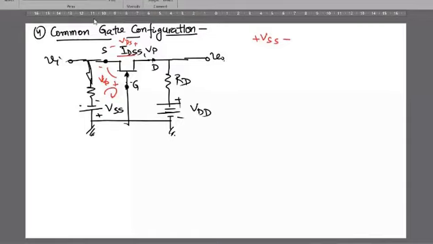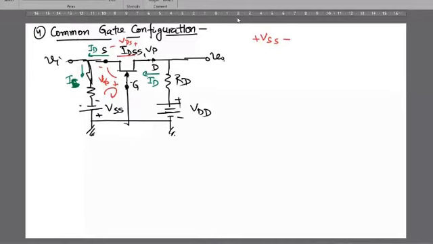If we assume different currents here, this will be ID, and this current will be IS. For DC coupling, this current is IS, and this current will be ID across this resistance.